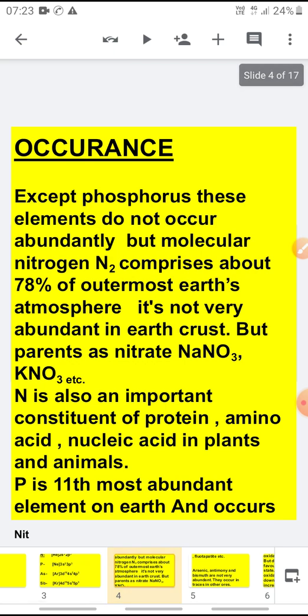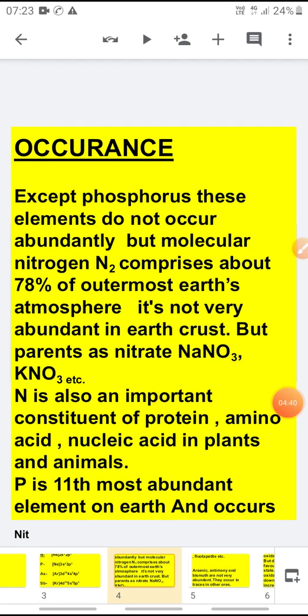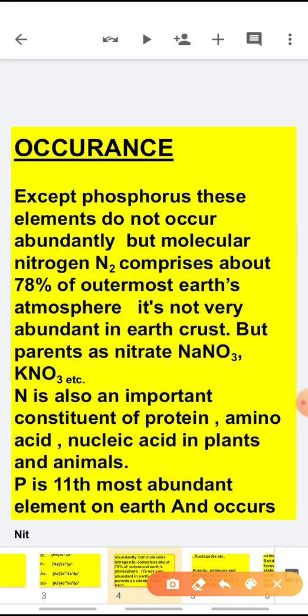Now, coming to the third important point, that is the occurrence. How do these elements occur in nature? See children, except for phosphorus, these elements do not occur abundantly in nature. But if we talk about nitrogen, it comprises around 78% of the Earth's atmosphere.